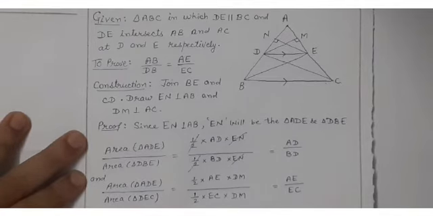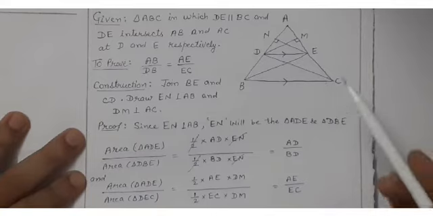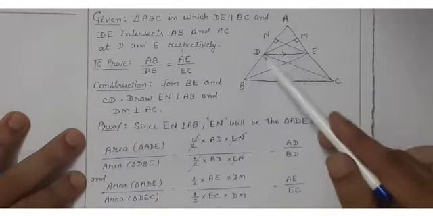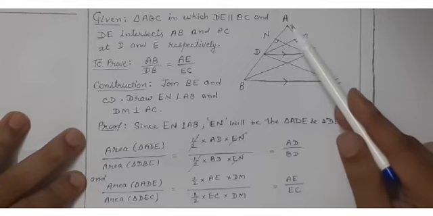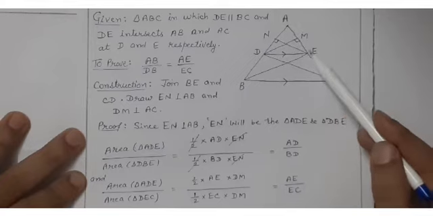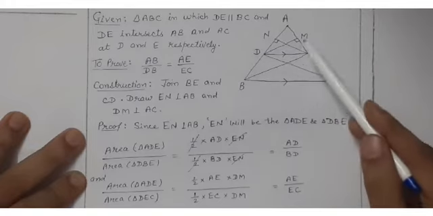Then take another triangle: area of triangle ADE upon area of triangle DEC. In ADE, DM is the height, so half base, AE, into height DM.